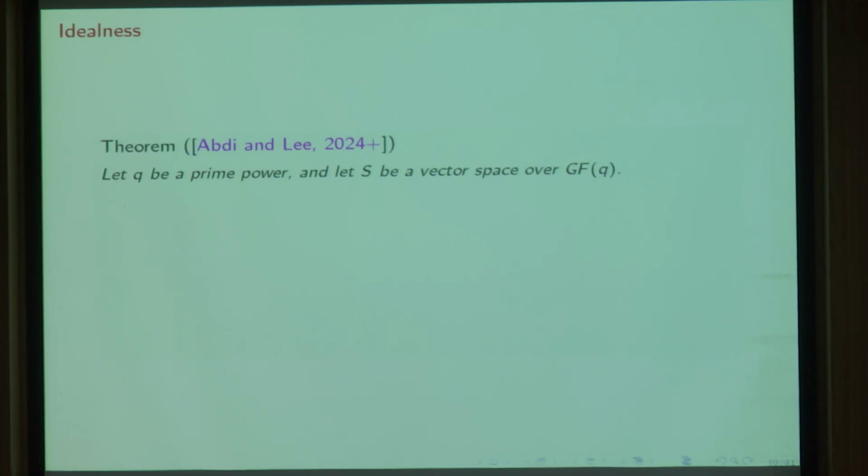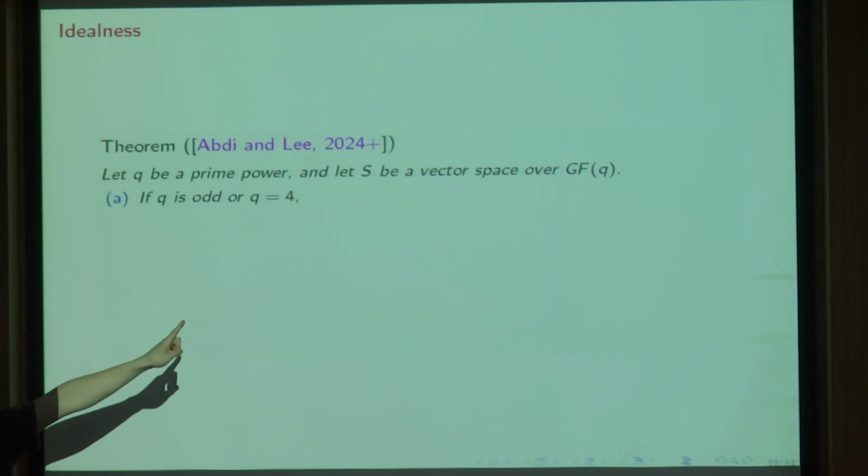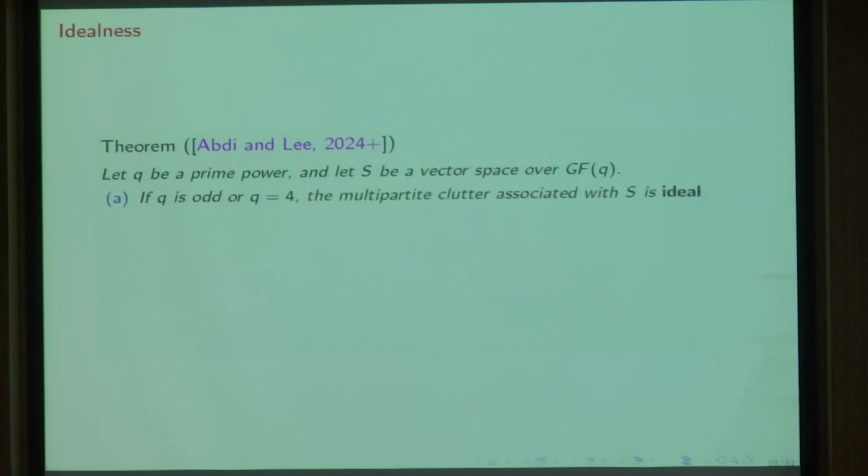This is one example, and we look at this class of clutters. Here's our theorem. The previous theorem was for the case Q equals 2. But let's look at Q odd or Q equals 4. We proved the following.